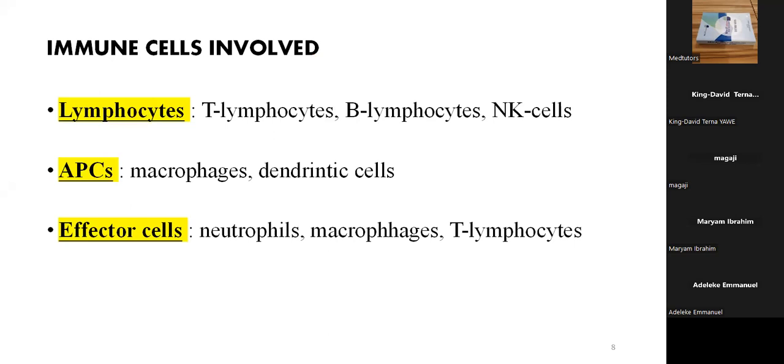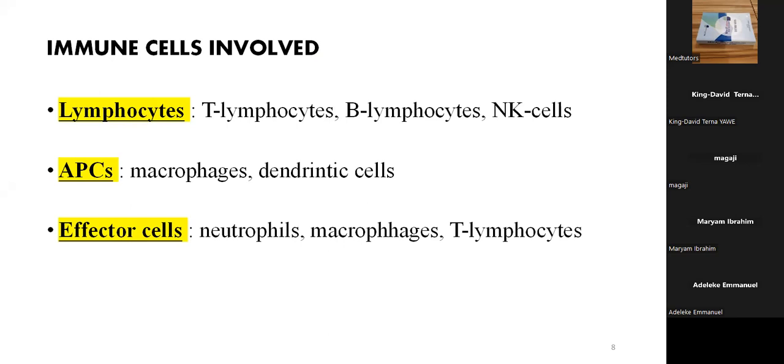So the cells involved in the transplant immunology are categorized into three: the lymphocytes, which we have the T lymphocytes, B lymphocytes, and natural killer cells. The T lymphocytes are the most important because they are the first contacts, which then differentiate into CD4, CD8, and then natural killer cells.